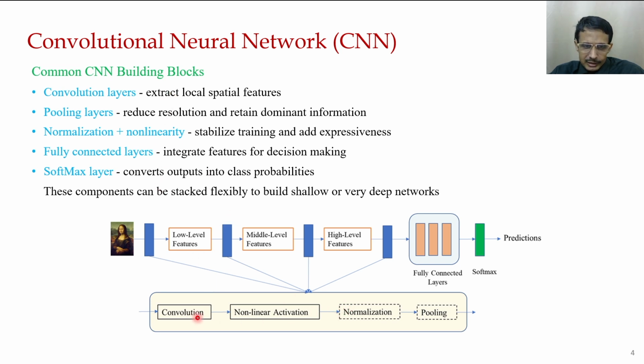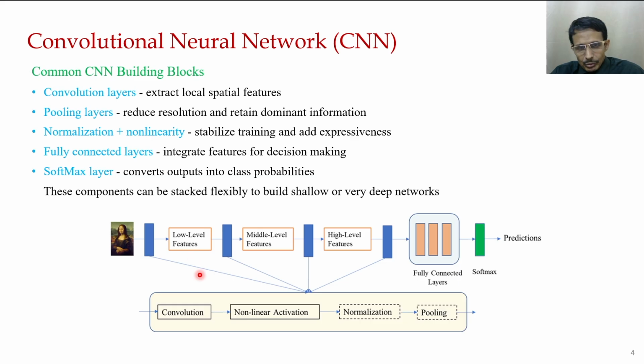Not always are all the things used. Sometimes normalization may not be used, or pooling may not be. In general, convolution and activation are used. These components are stacked flexibly to build a shallow or a very deep network.